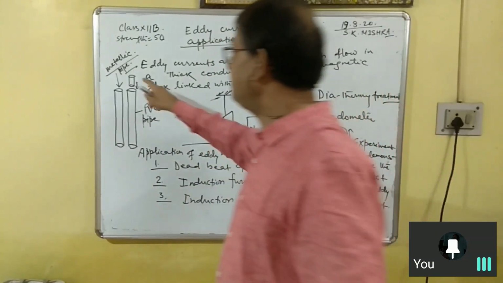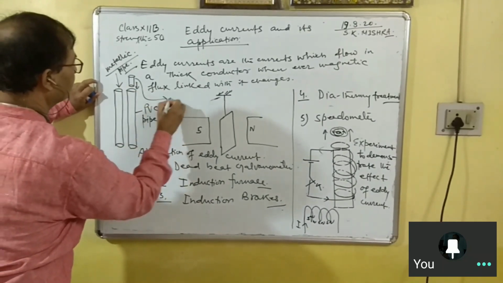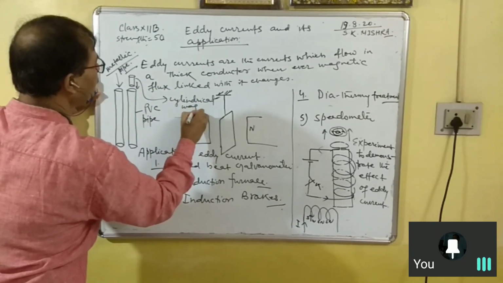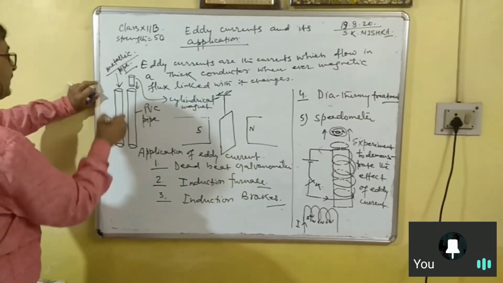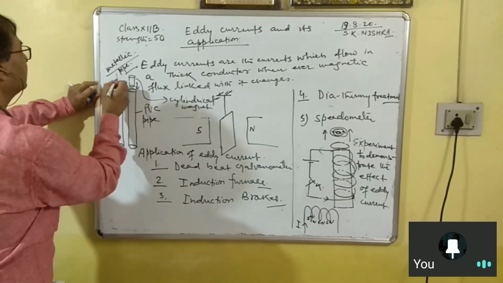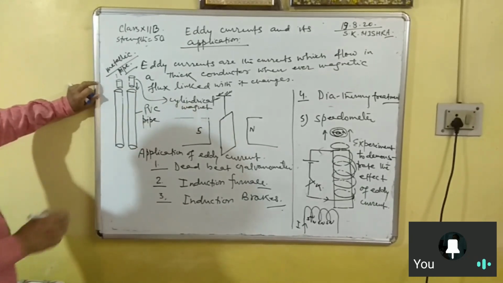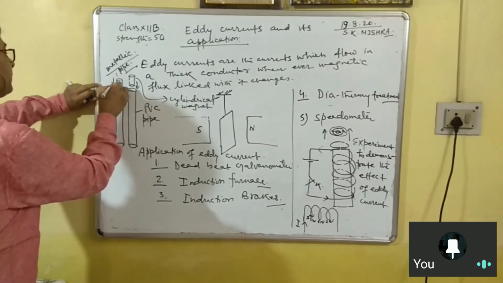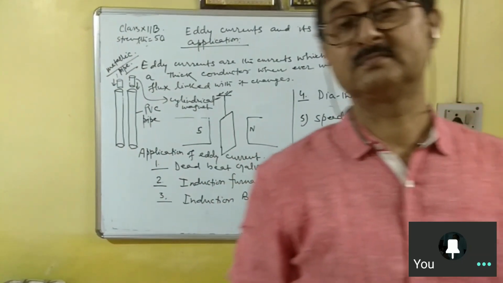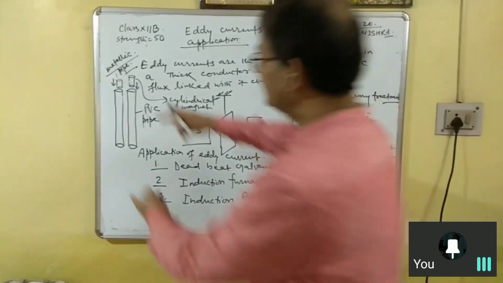Now when the same cylindrical magnet is allowed to pass through this metallic pipe, what will happen? Now it will take some more time, maybe 1 minute to cross this pipe.